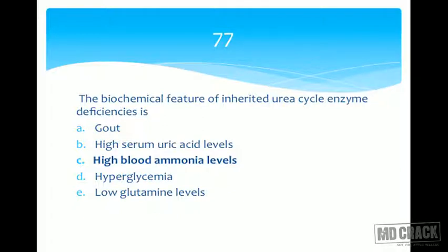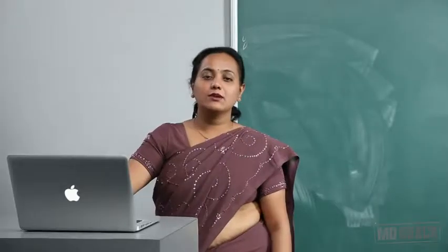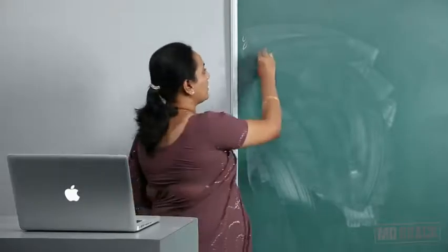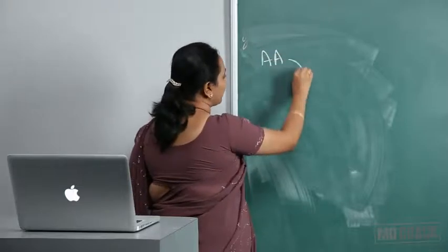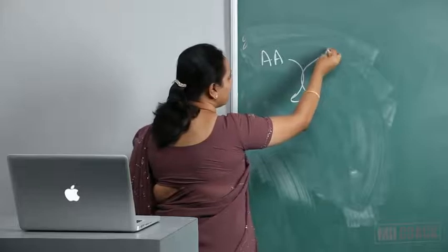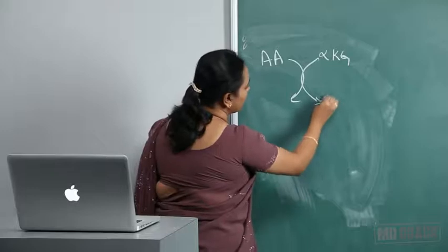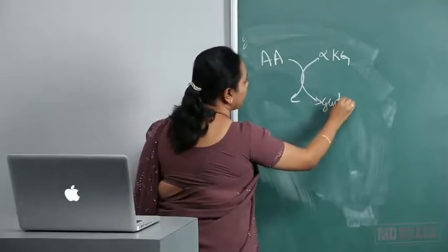Let's go to the next question. The amino acid which is a common intermediate for the entry of several amino acids into the citric acid cycle. Which of these amino acids will form an entry point, a gate point? I think this is a simple answer, glutamate. Remember, all amino acids can get transaminated with alpha ketoglutarate to give glutamate.